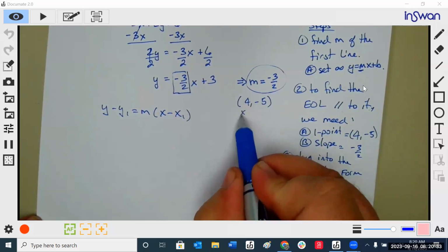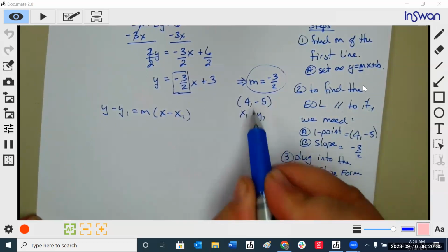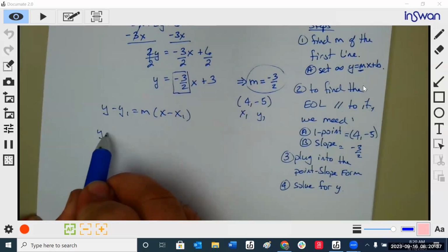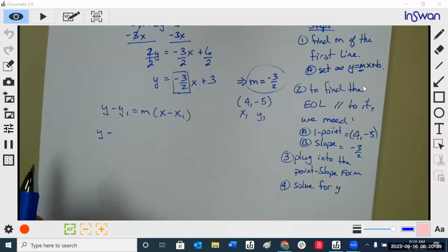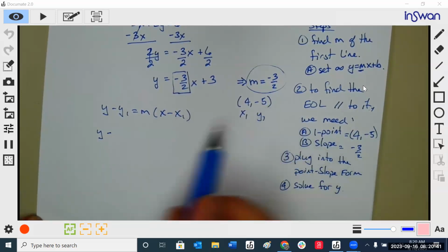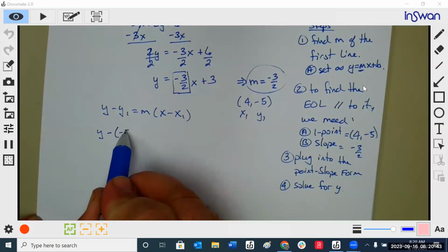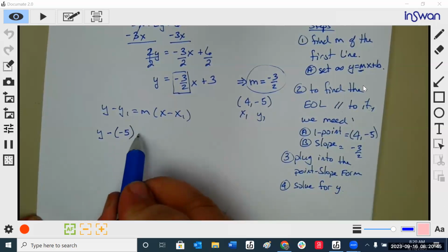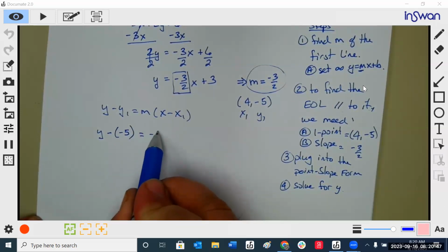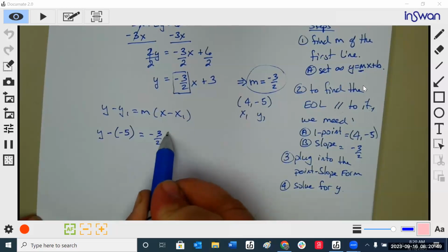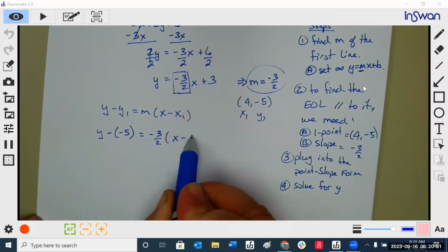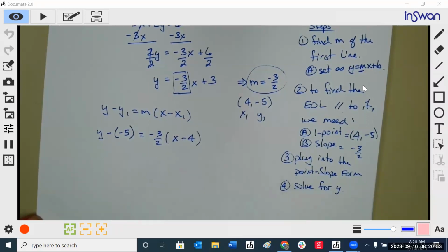So this is x1, this is y1. So y1 is negative 5. The slope is negative 3/2. And x1 is 4.